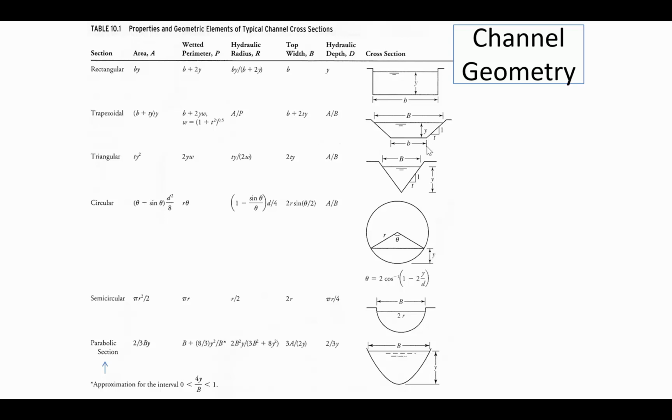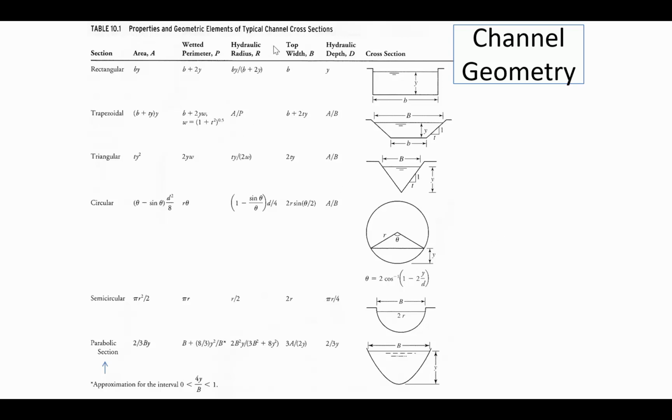And so with that side slope being defined, then you can find the length of the side of the channel with this formula for W. So 2 times Y times W. So all of these different shapes, you can find the wetted perimeter distance.